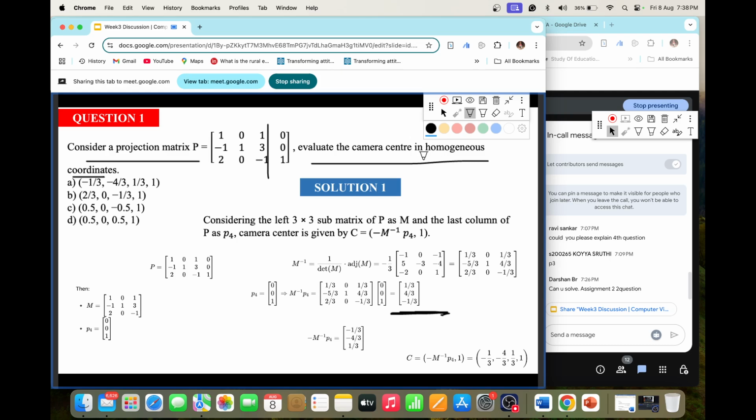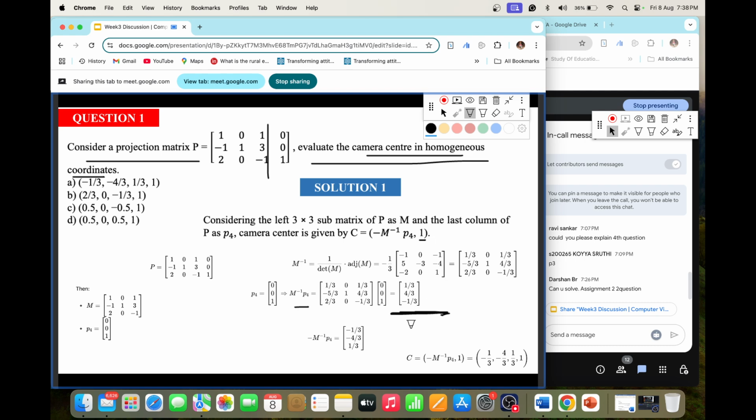Here it has been written, the camera center in homogeneous coordinates. M inverse P4 will give us C tilde, the inhomogeneous coordinate. But whenever we are talking about homogeneous coordinates, we have to add 1 as the last element.